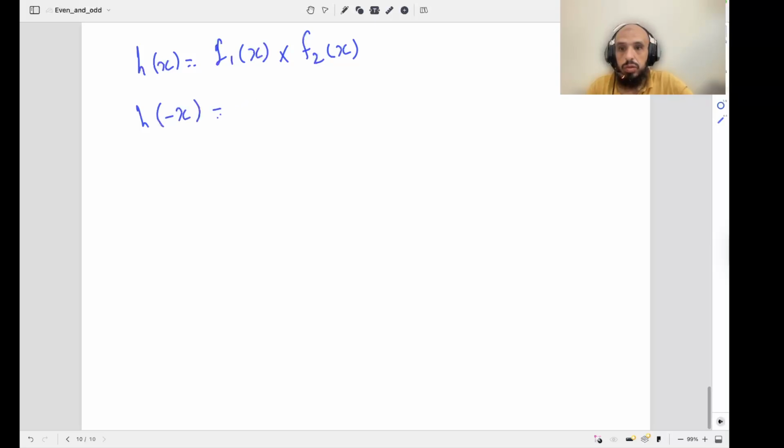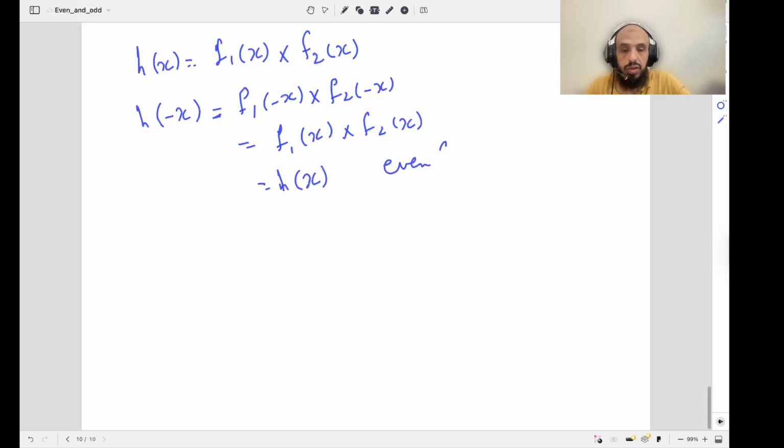It's going to be equal to f1 of negative x times f2 of negative x, which is going to be equal to f1 of x times f2 of x, which is the original h of x. So this is an even function.